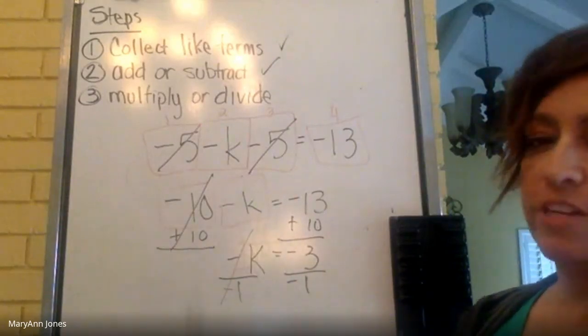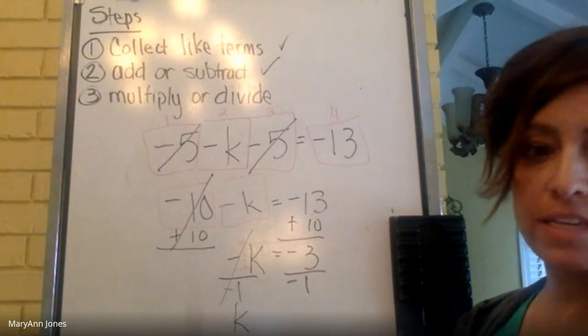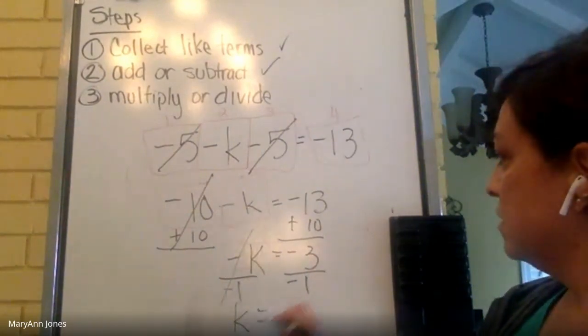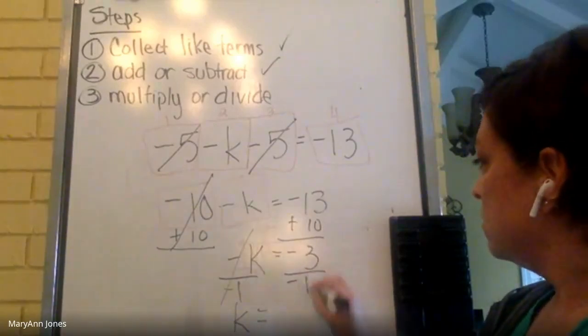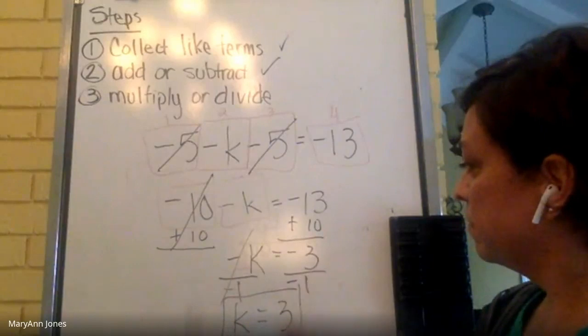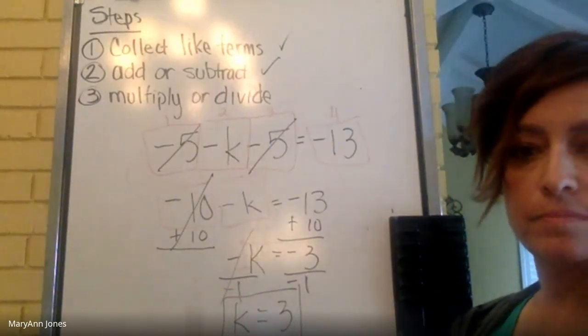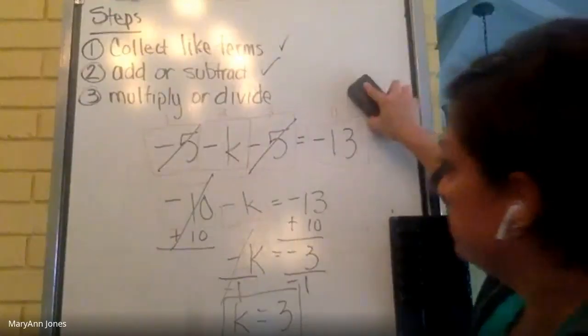So -1 divided by -1 is 1. So we've reached our goal. We've isolated the K. K is -3 divided by -1. A negative divided by a negative is a positive, and 3 divided by 1 is 3. Good. Okay, let's try another one.